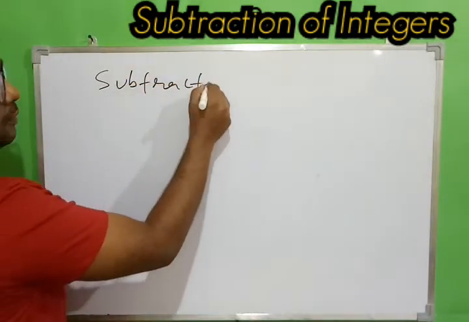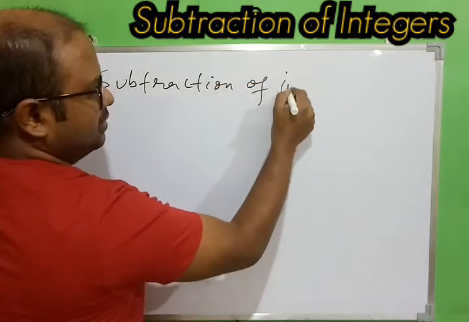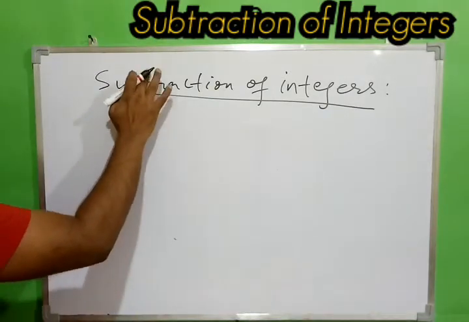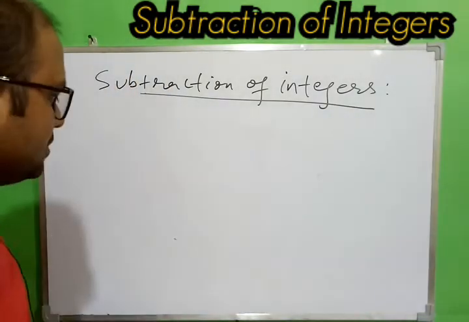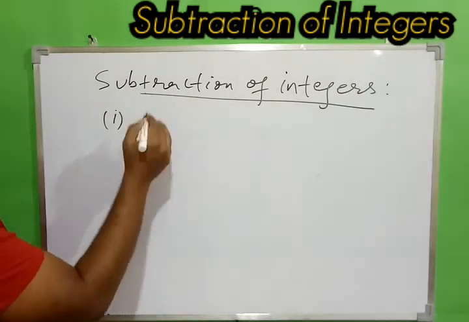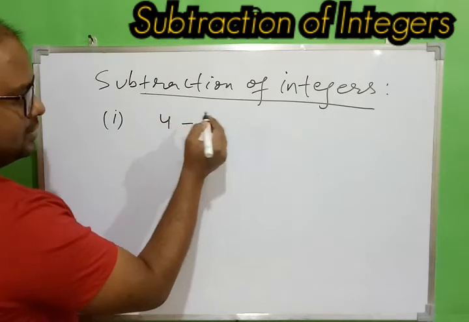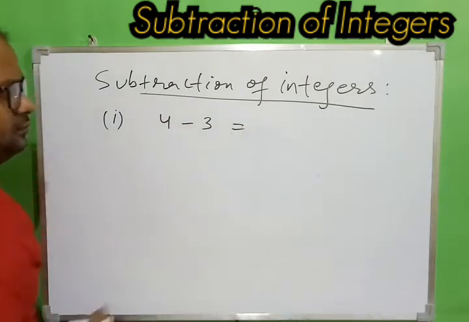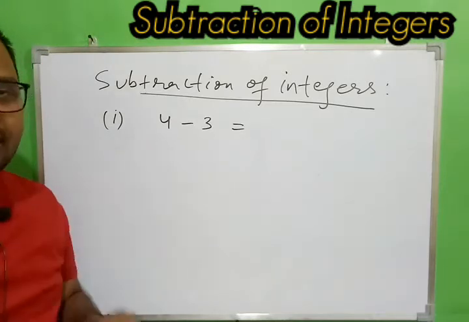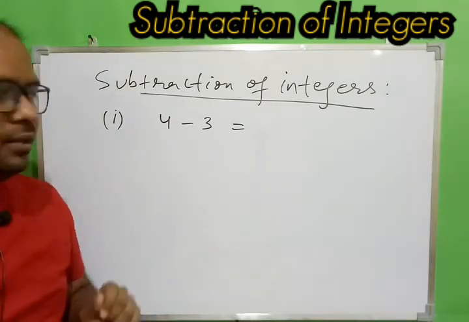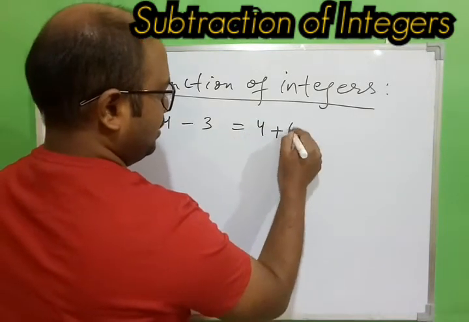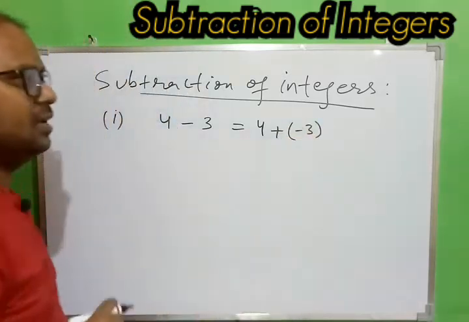and for this we'll take the help of the additive inverse only. That's why we started with this topic. The very first thing is, if we are just talking about normal subtraction, for example 4 minus 3, you already know the answer. 4 minus 3 is 1, but this can also be modified this way, that is 4 plus minus 3.